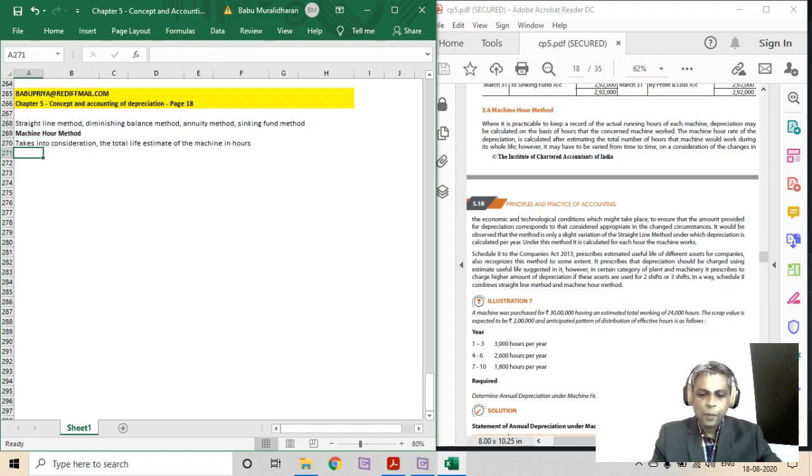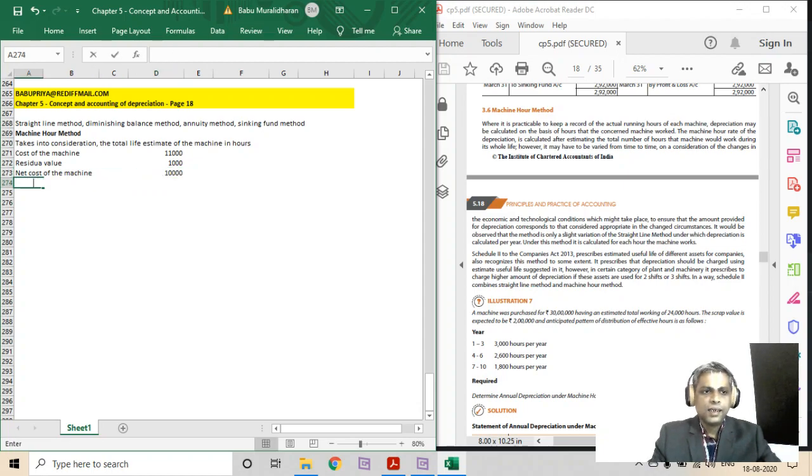Say the cost of the machine is 11,000 rupees, and the residual value after the useful life is 1,000. Right? The net cost of the machine is equal to 10,000.